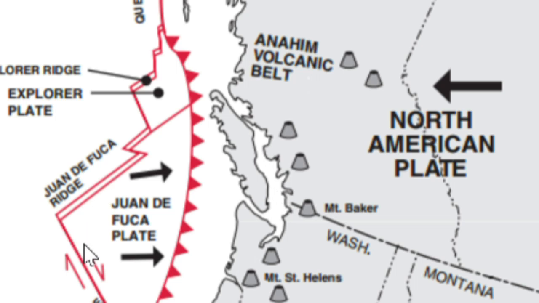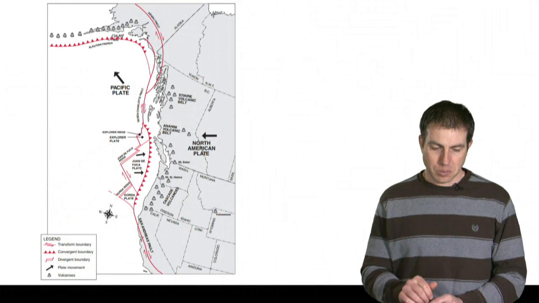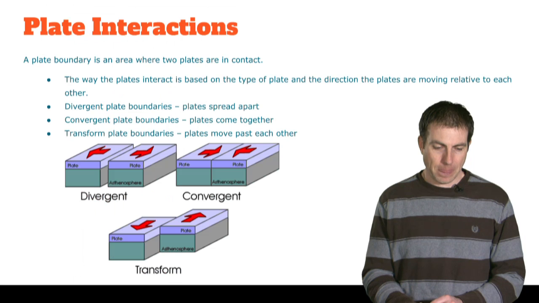It's a little tiny plate, and being pushed under causes all these volcanoes through BC and down into Washington State. There are two smaller plates, the Explorer plate, and just below that, the Gorda plate. I always forget the Gorda plate. So that's our area. The diagrams are important, the arrows are important, the legend's important, so we'll talk a bit about that.